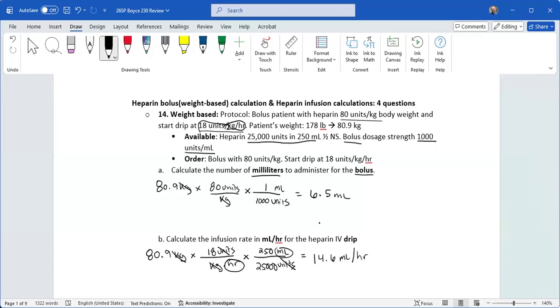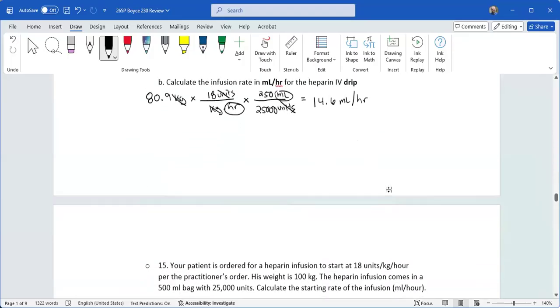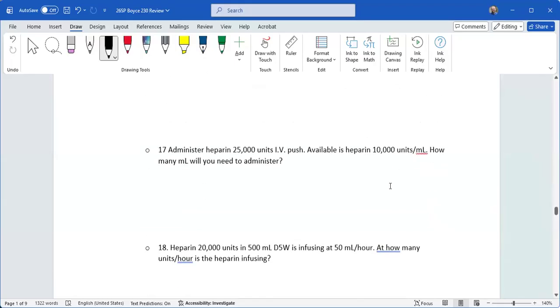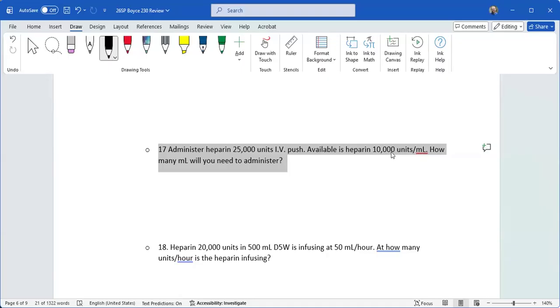You're going to see some questions down here. Let me just find one real quick. Like this one here. You're basically going to be doing what you've done before with flow rate, but instead of calculating, oh well, never mind. This is just calculating a bolus.